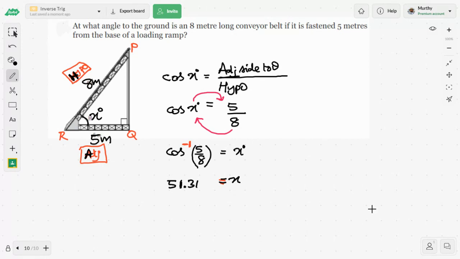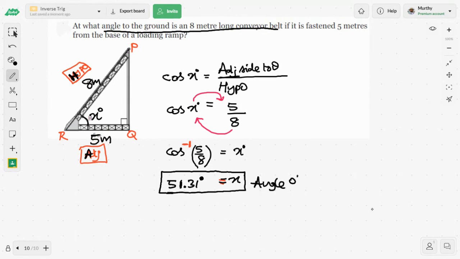51.31 degrees. Here I did not take the nearest value, because in industries and so on the angle should be really precise. So for what angle to the ground the conveyor belt is, the angle of elevation is 51.31 degrees.